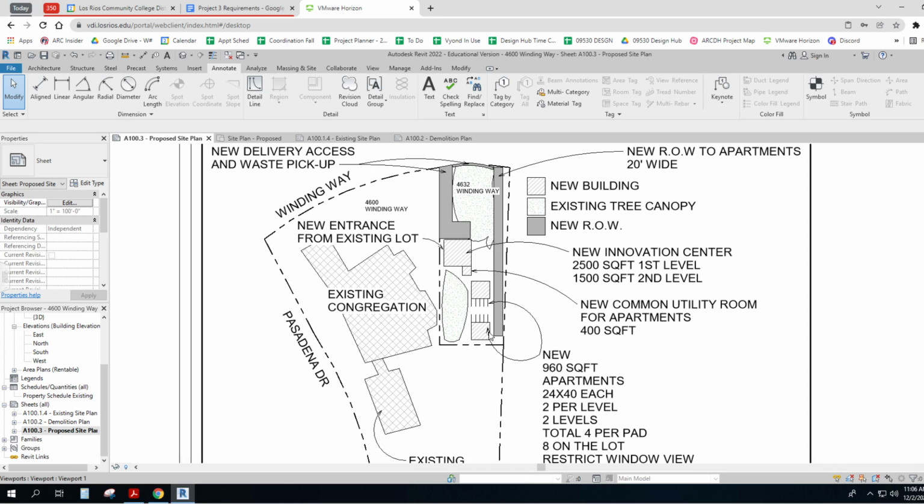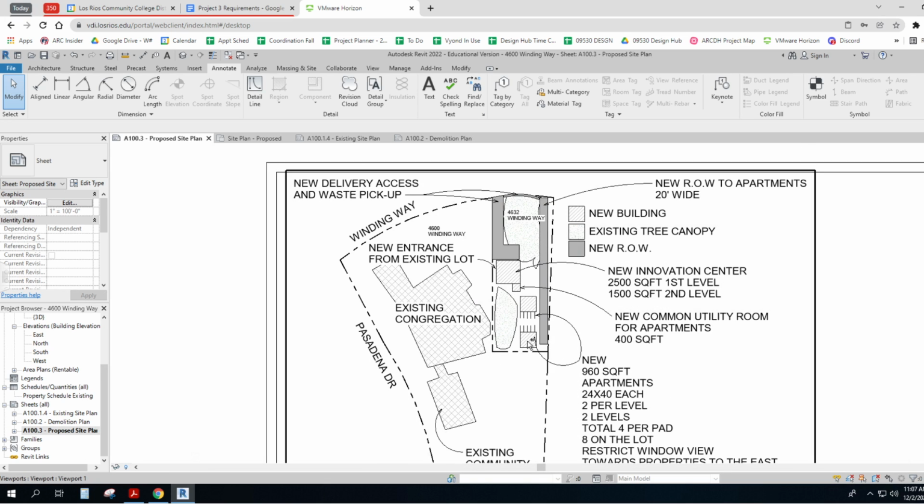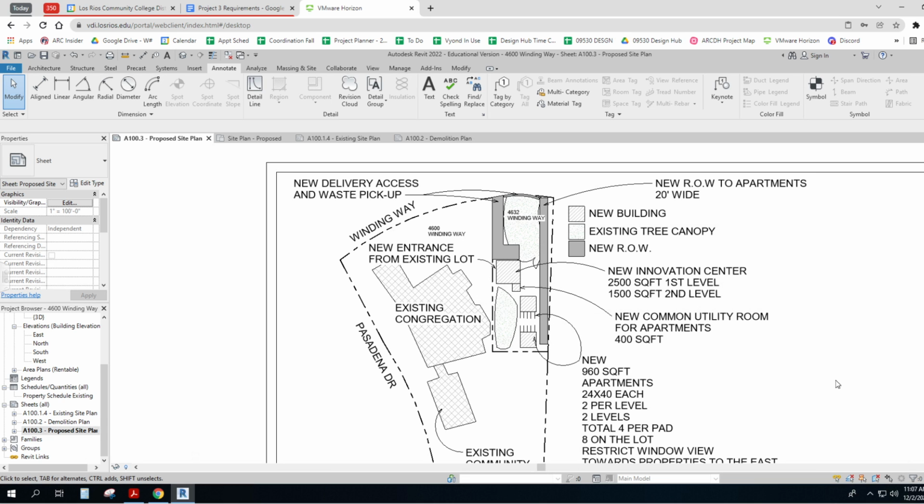And so if I cut those in two and made them 2-story, I would get 24 by 40 essentially, and 960 square feet. There's 2 per level, so this could be cut this way and then cut this way on the second level. There's 2 per level. That's 4 per building pad. And that means there's going to be 8 on the lot. 4 plus 4.